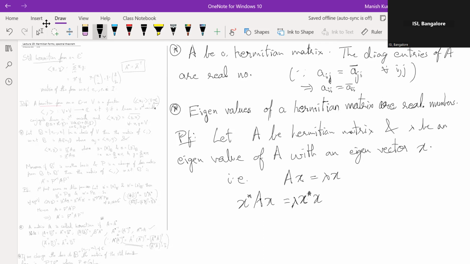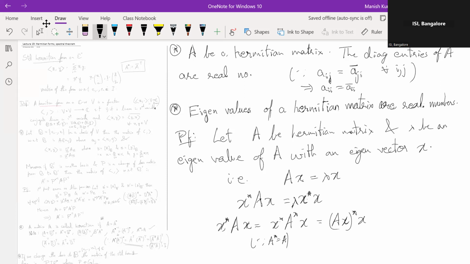We also have to use that A star is A. So we can also write x star x as x star A star x, because A star is the same as A. This multiplication is the same as (Ax) whole star x, because of the property (AB) whole star is B star A star.